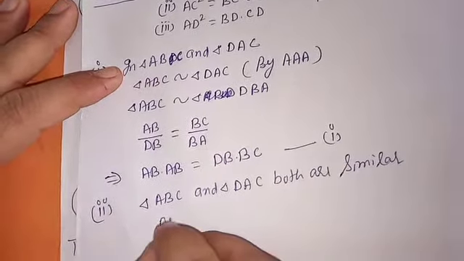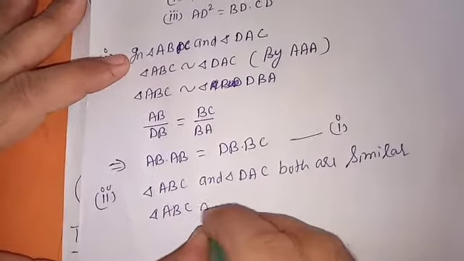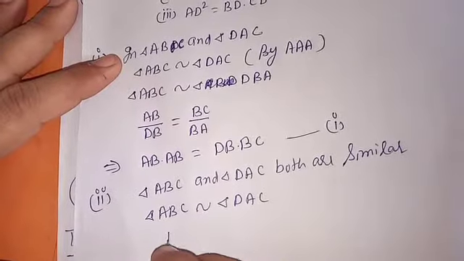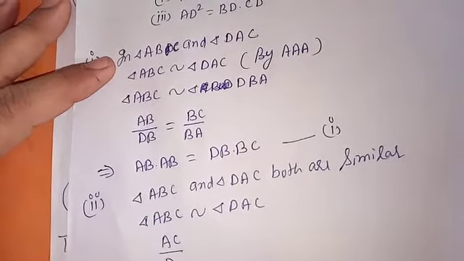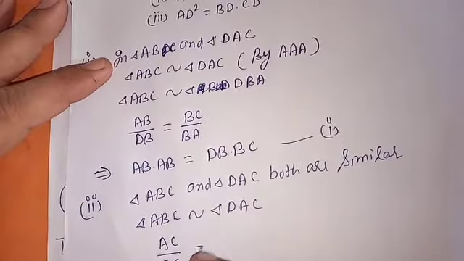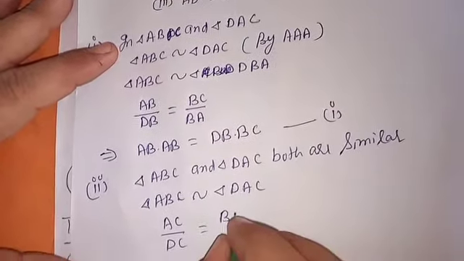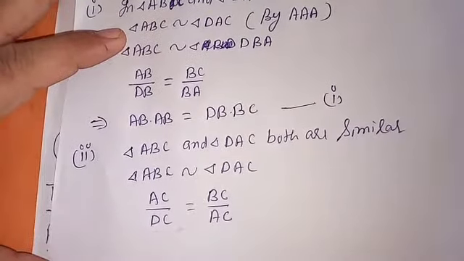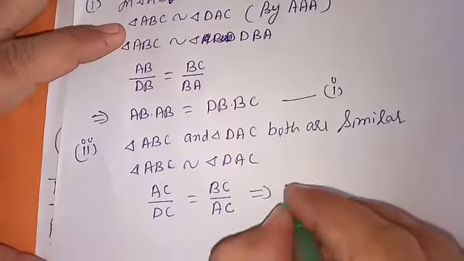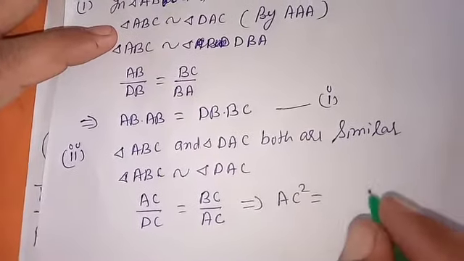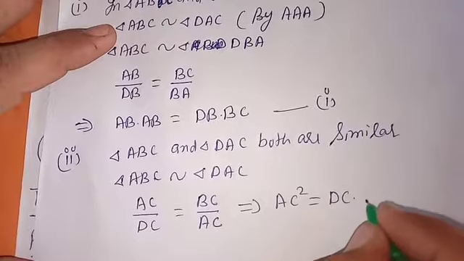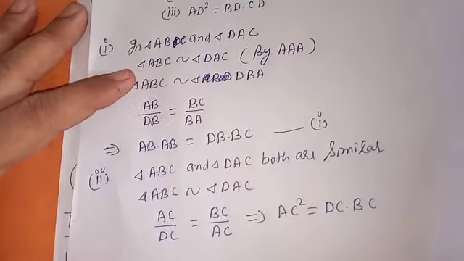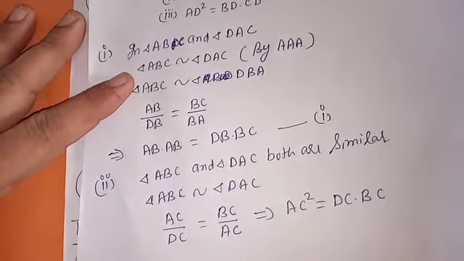So AC by DC is equal to BC by AC. Yes or no? This implies AC square is equal to DC into BC. Understood?